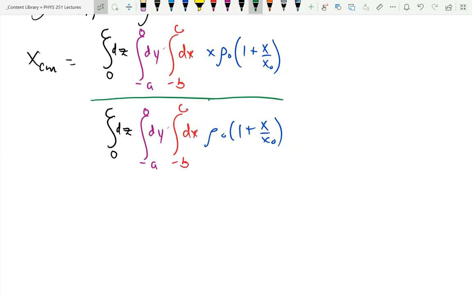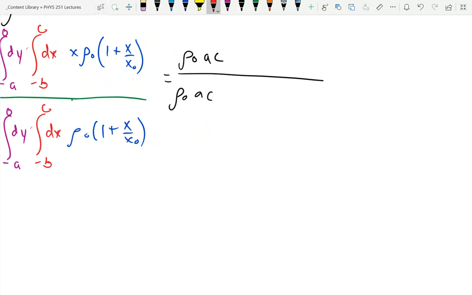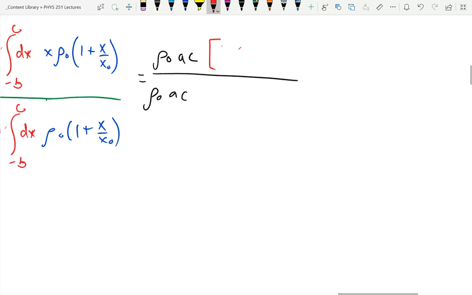So now if I do these integrals, I'm going to have, just as before, rho 0 AC. That's a C. And then I have my red integral. So on the top, I have the integral of x. What's the integral of x dx? Duh. x squared over 2.